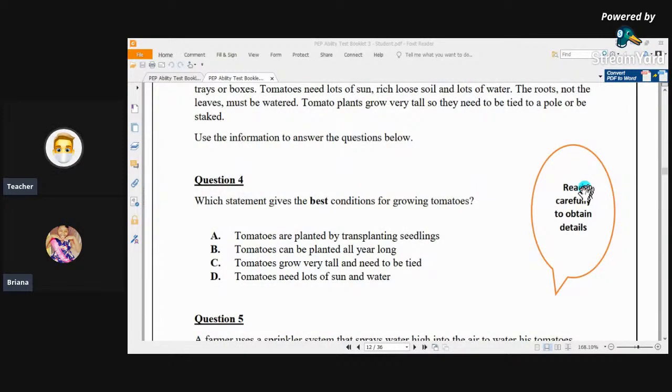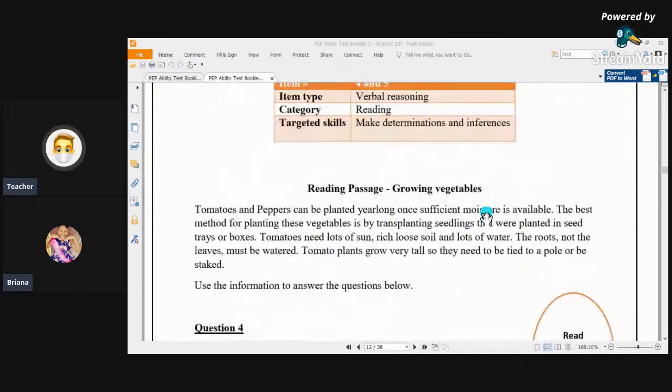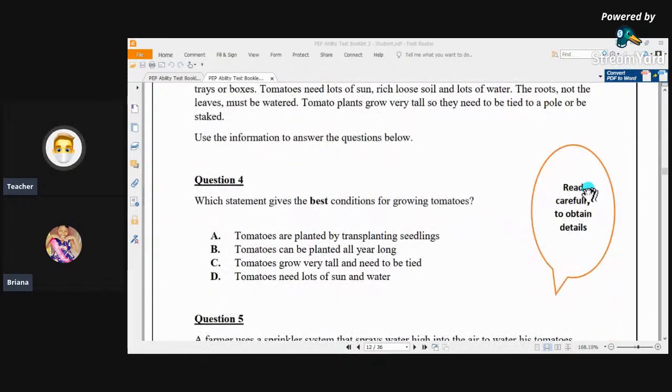Now, it says, here's a tip. You need to read carefully to obtain details. Again, I'm going to say to you, we may not have the time to read through this passage 3 whole times now online, but when you are going to actually do your exam, please make sure that you do what? You read carefully to get the details.